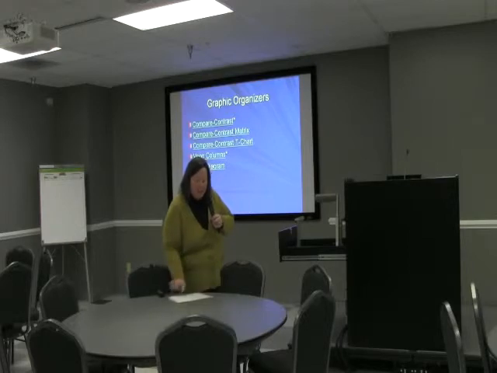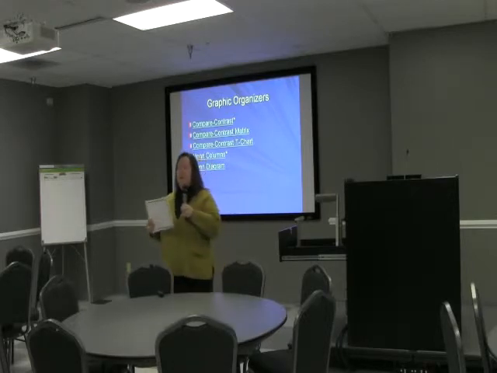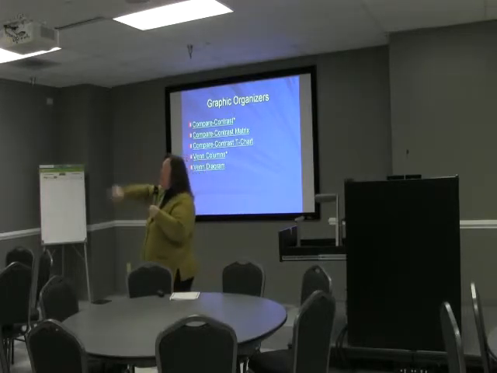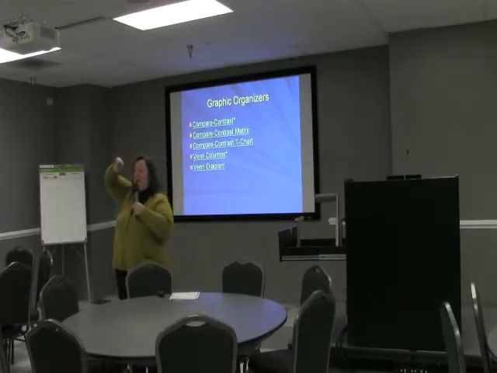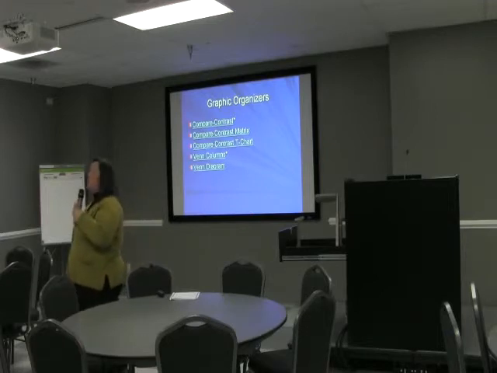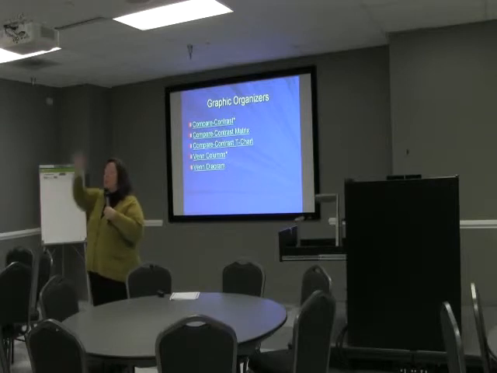The one on the back is called Venn columns. A Venn diagram, it may be something that you're familiar with, which is where you have 2 circles that overlap, right? And then in the center of the 2 circles where they overlap, you put down what things have in common, what the 2 ideas have in common. I don't like that graphic organizer because I always find that if the students draw the 2 circles, they never have enough room in the overlap to really write anything down.